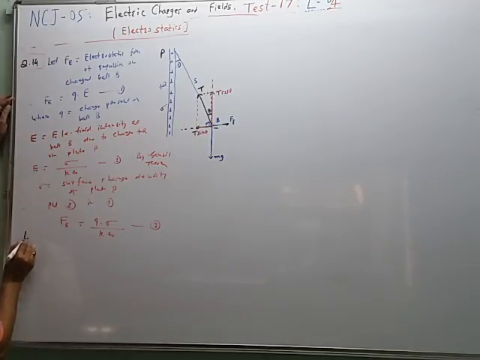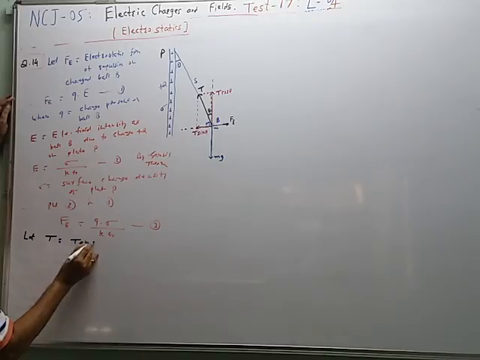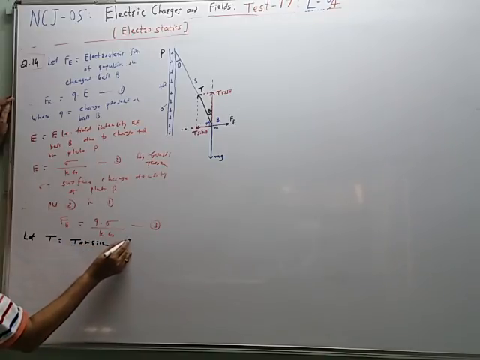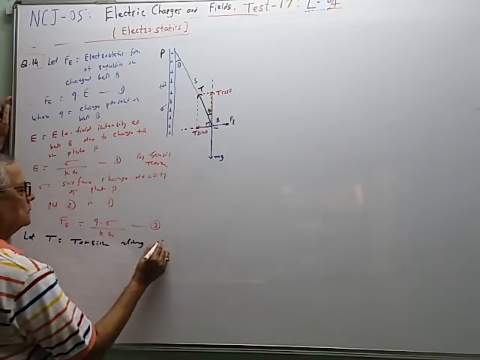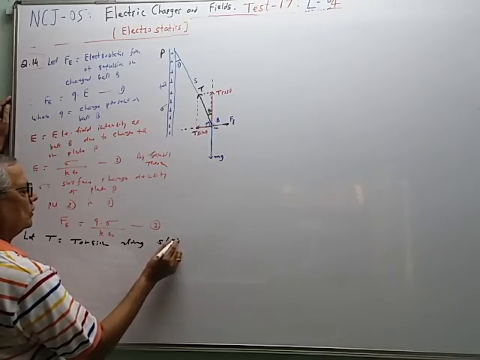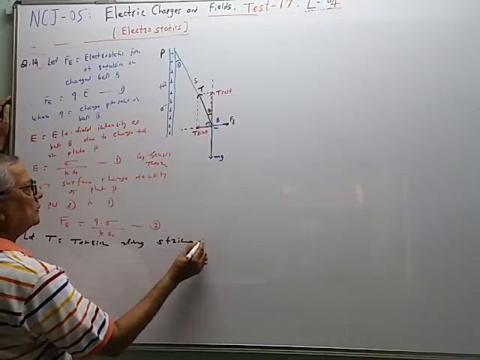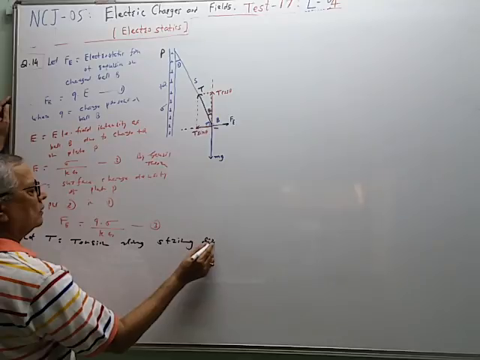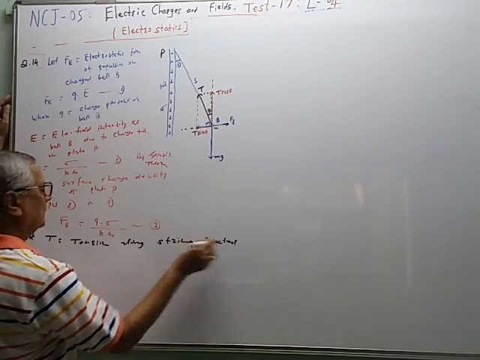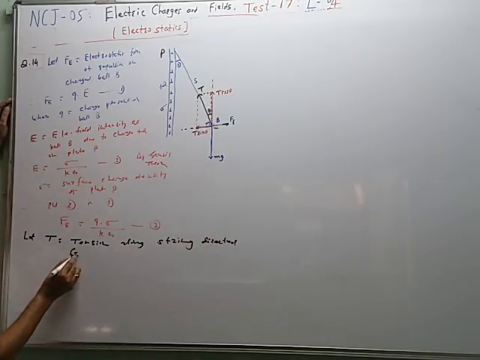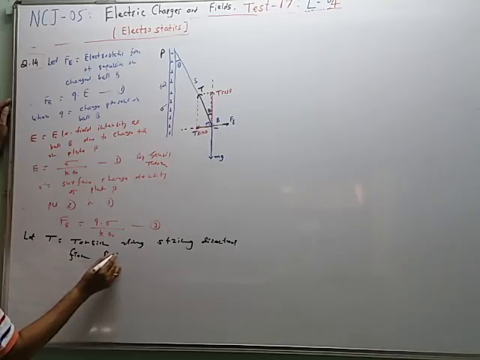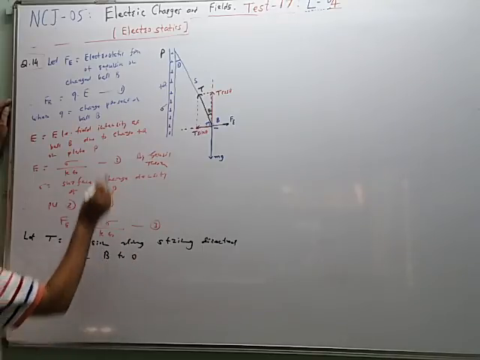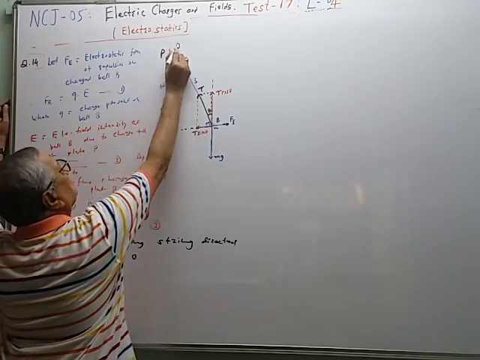Let T be equal to tension along the string directed from B to O. O is the point of suspension.